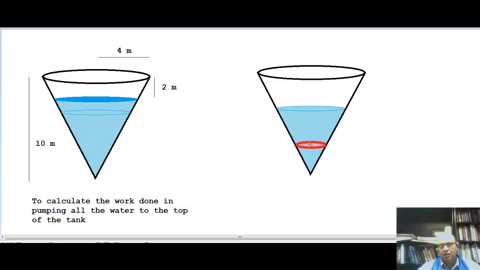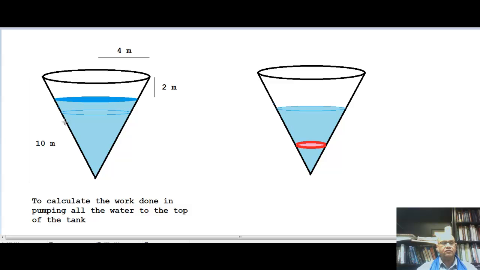We will see how much work is done in pumping all this out. We have to pump out from the very bottom. Well, this one gets pumped out from this level, but all the water, exactly.